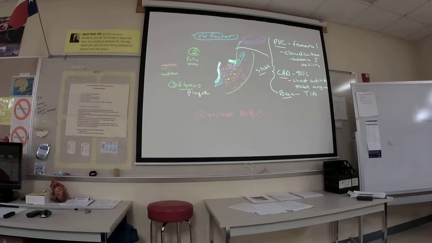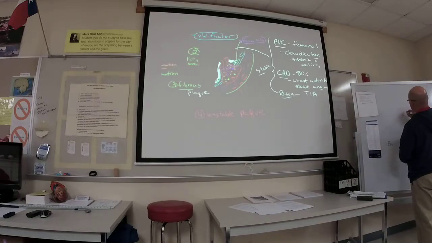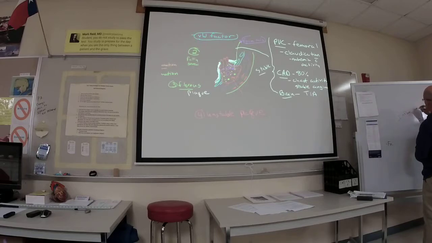This fibrous plaque breaks, and this big inflammatory stew is suddenly open to all the inflammatory proteins that are part of the bloodstream that are always inactivated, and they all of a sudden become activated.